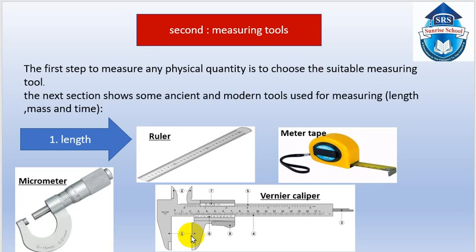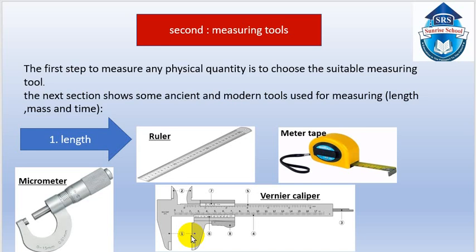Recently, the measuring tools have been developed in the context of the great industrial evolution after the Second World War. So these tools were very helpful to man in describing phenomena accurately and exploring facts.